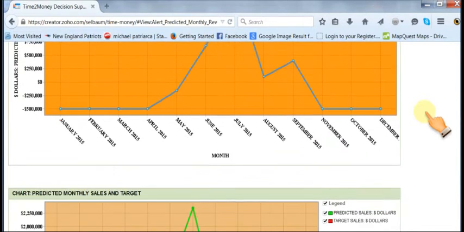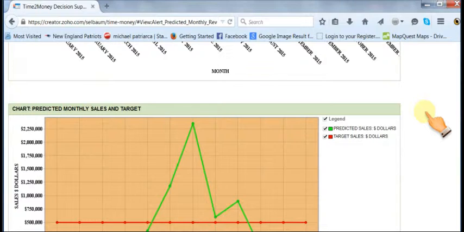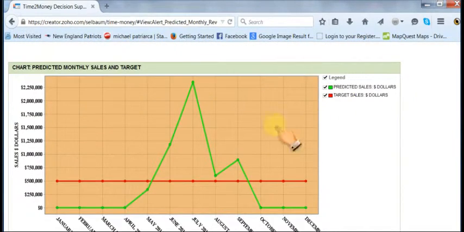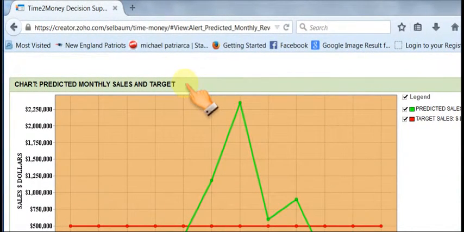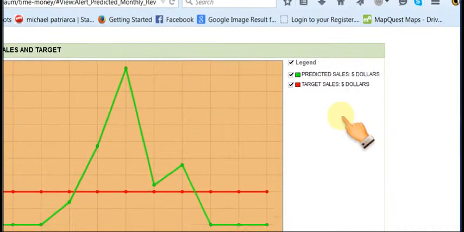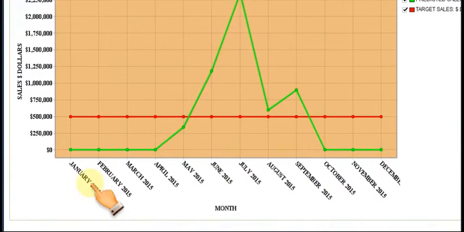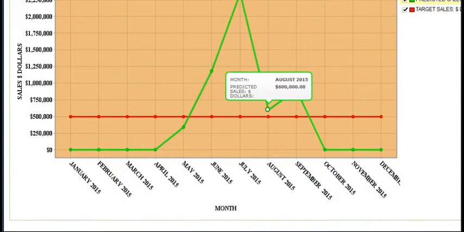Now let's scroll down to the second chart. And this is the predicted monthly sales and target. So we can see on the bottom here, it identifies each month where there is a target or a predicted total value.